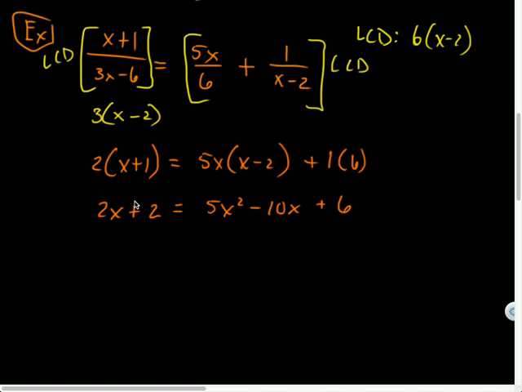And then if I factor or complete the square or use the quadratic formula, that'll be good. So the first thing we do when solving a quadratic is set it equal to 0. So let's bring these over here. And I might just give it a flipperoo as well. 5x squared minus 12x plus 4 equals 0.